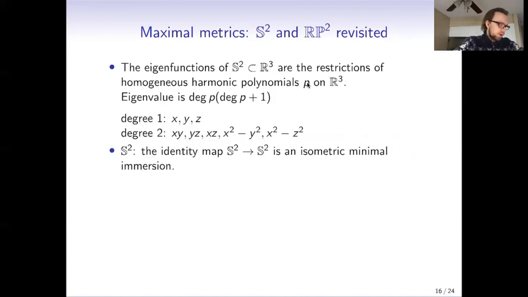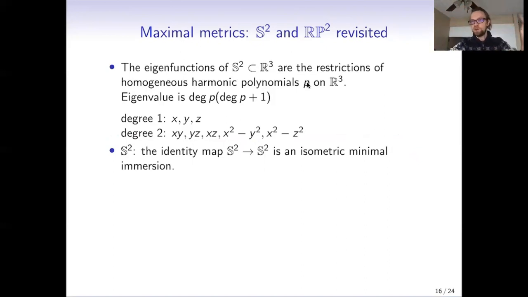So what happens for RP2? The best way to look at RP2 is usually via the antipodal projection, right? So any object on RP2 is an object on S2 which is invariant under this antipodal map, right?